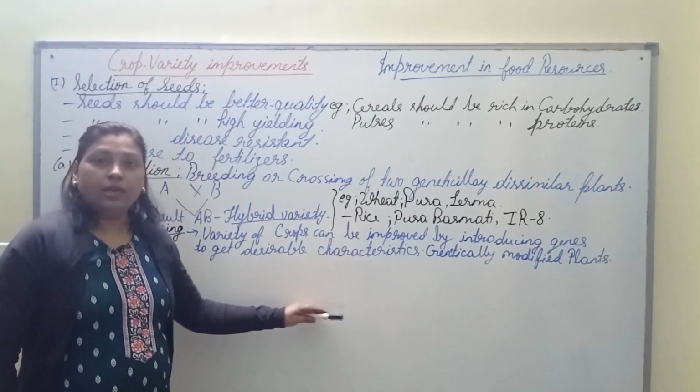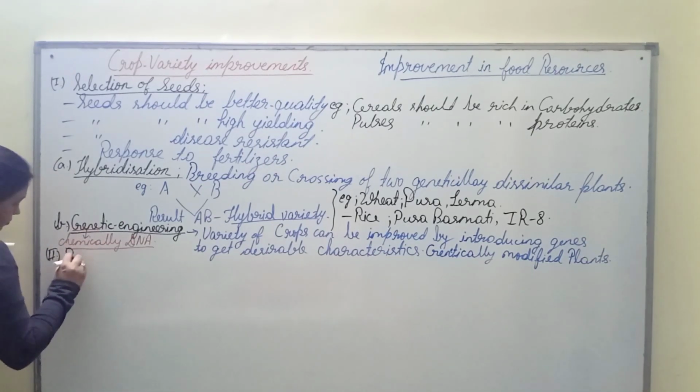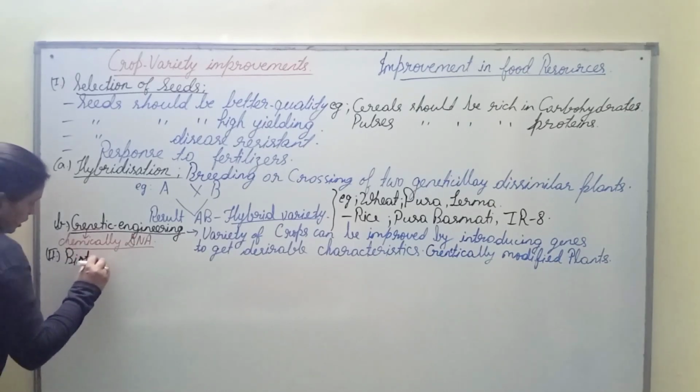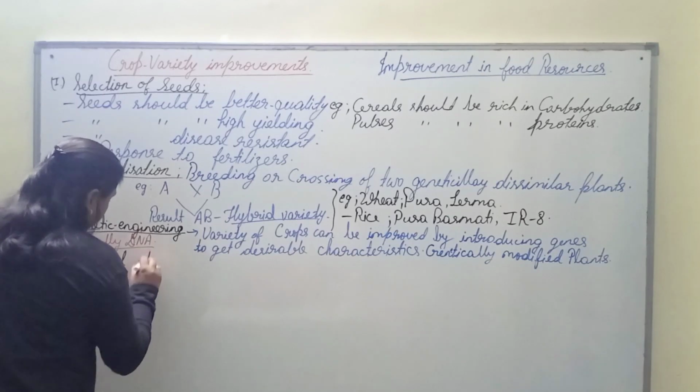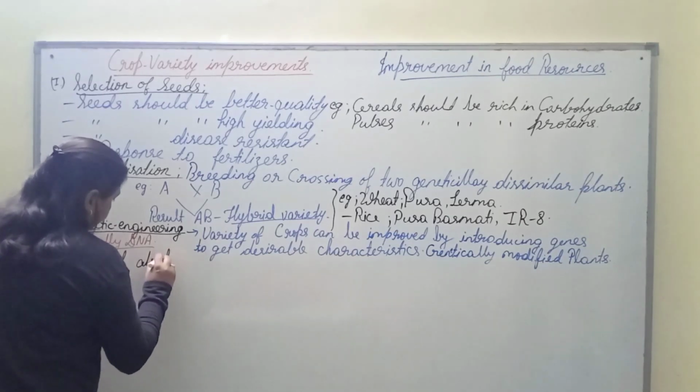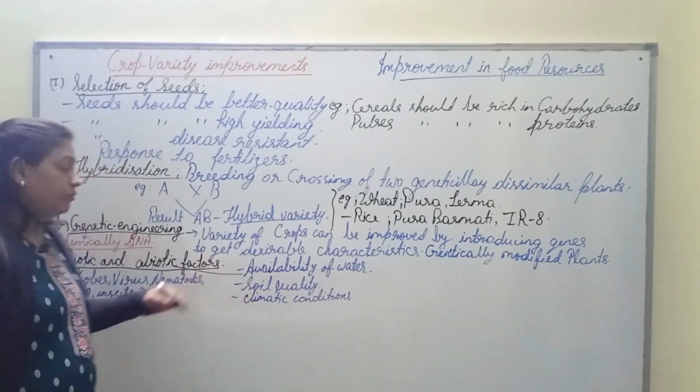Now moving on, we have the second factor that is important for the improvement of crop variety, and that is biotic and abiotic factors. So these are the biotic and abiotic factors.